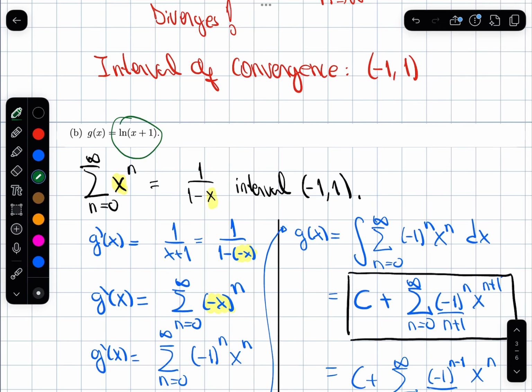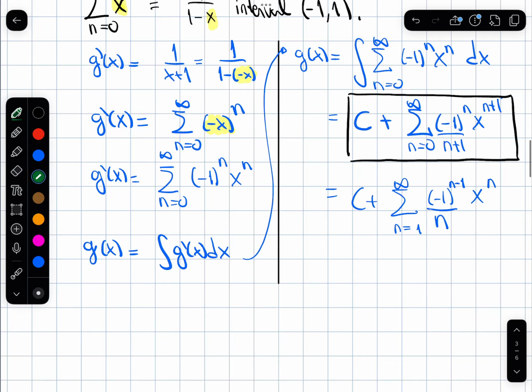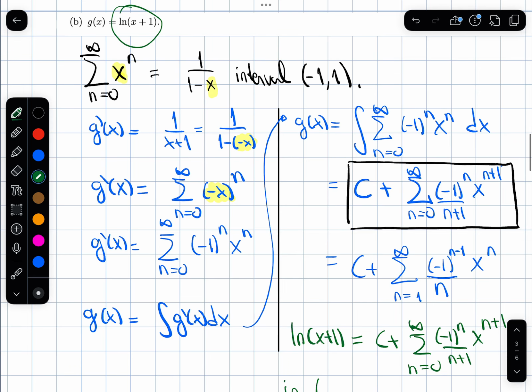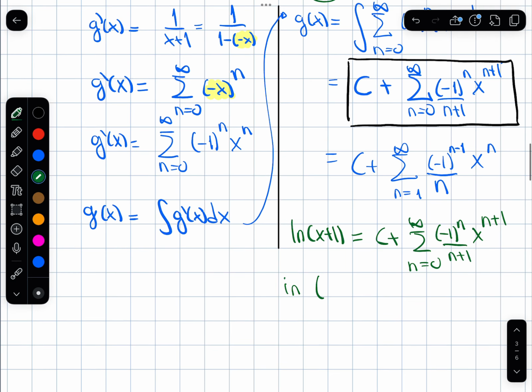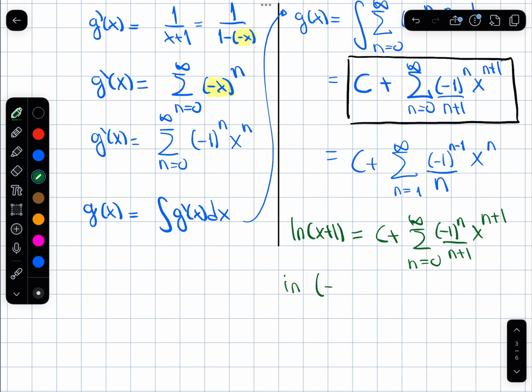Was it g equals ln of x plus 1? So we know that ln of x plus 1 equals this, in the interval at the very least, this interval, where negative x needs to be between negative 1 and 1, which is just making x be between negative 1 and 1.